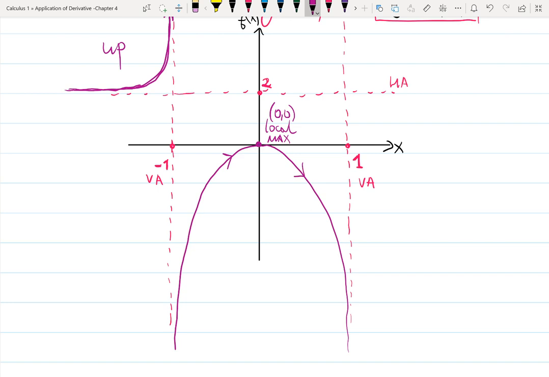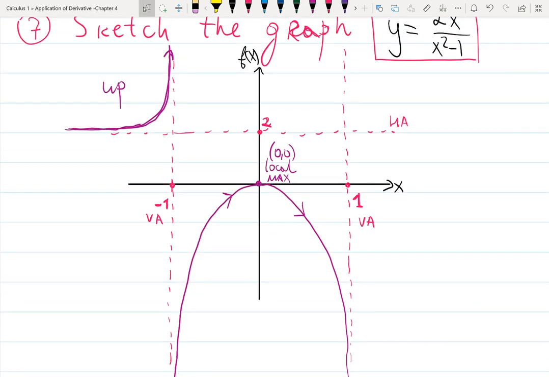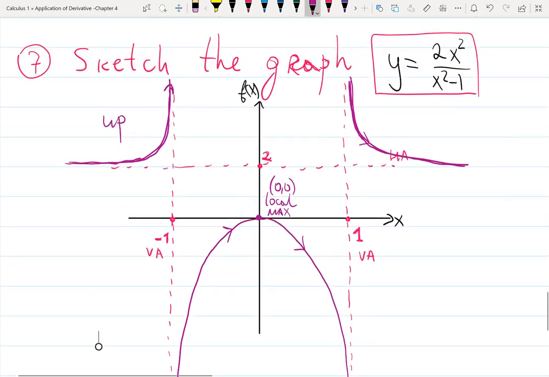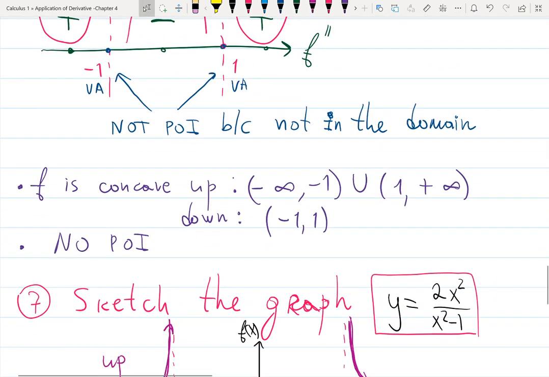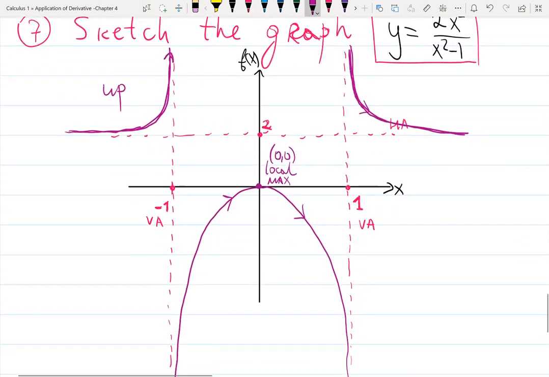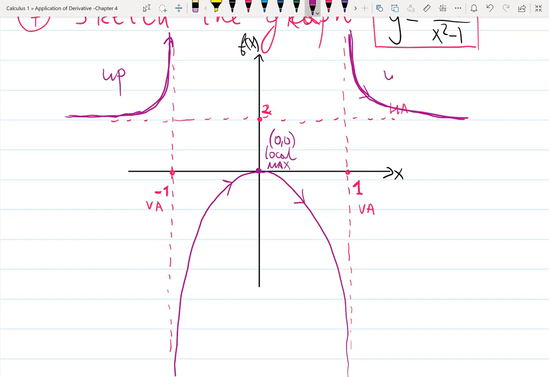Increasing, decreasing. And then it says it's decreasing again after 1. So it's going to repeat this shape. Now you can see it's indeed like a butterfly. If I fold it with respect to the y-axis, everything should match. Also, it matches the idea that from -1 to 1, it is concave down. Here it is concave up on the sides and concave down after that.